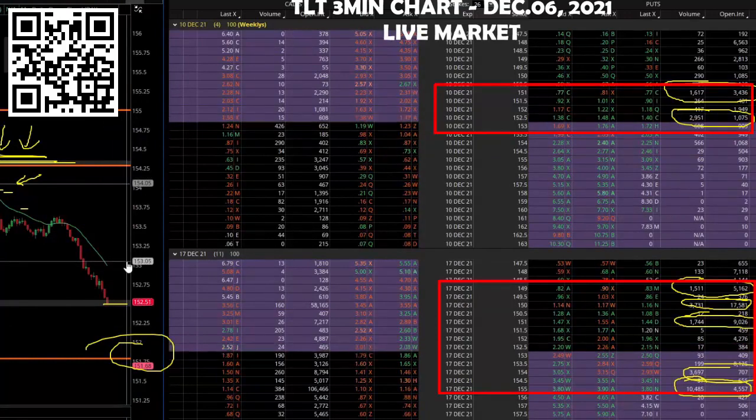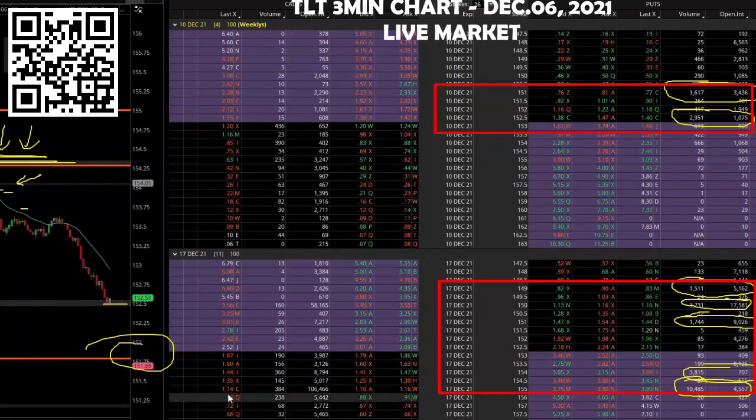You can close all and look for re-entry at a better price with other contracts with lower strikes, and ride the momentum down. But for now, what did I tell you? 152.5, you trim profits, and we are seeing a small bounce.